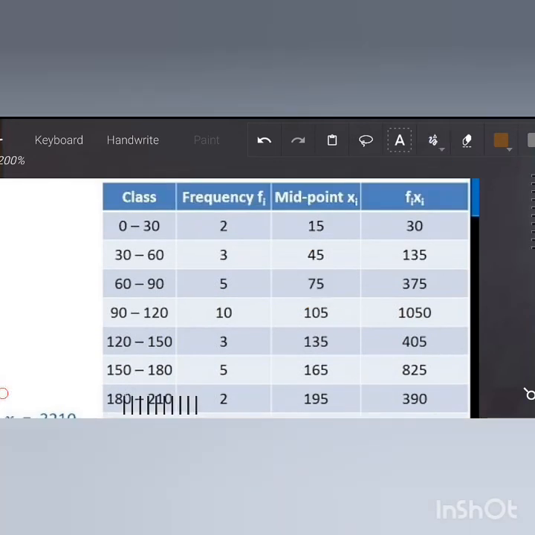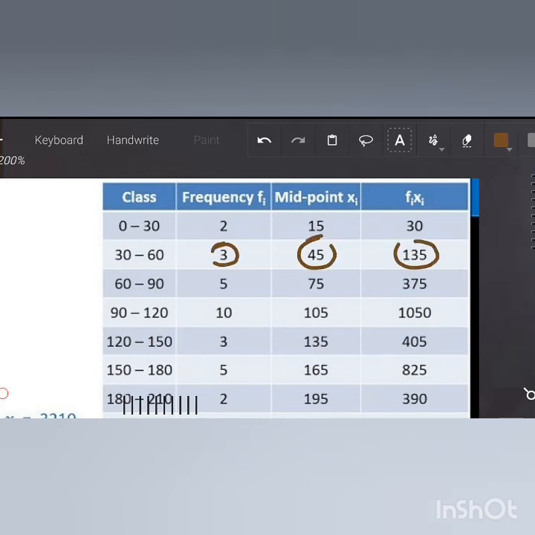Our next step is to find out the product of frequency and mid values. In the first class the frequency is 2 and the mid value is 15, so 2 15s are 30. In the same way, 3 into 45 is 135.